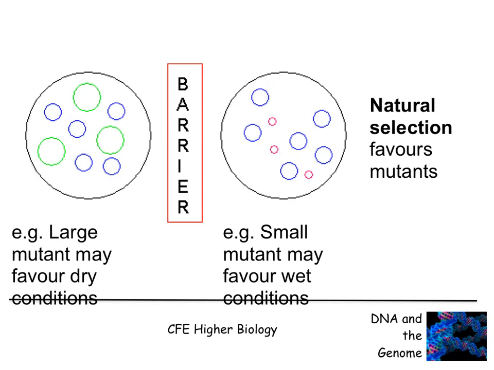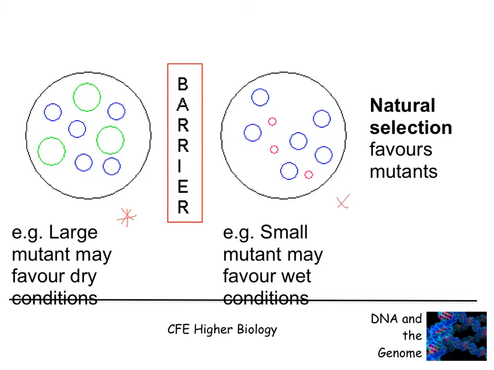What can happen is that natural selection favours the mutants. Over on this side there might be drier conditions, and the large mutants survive better in those dry conditions.